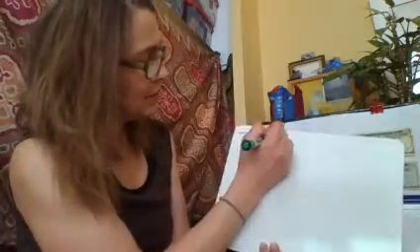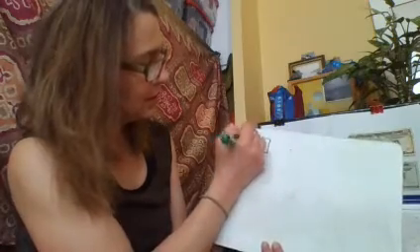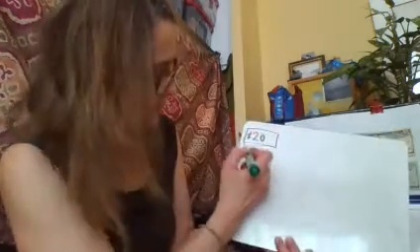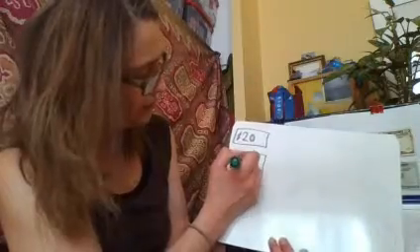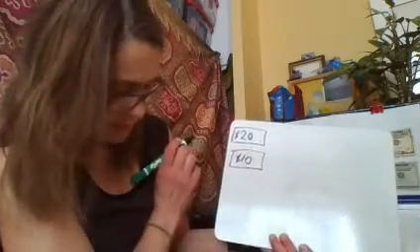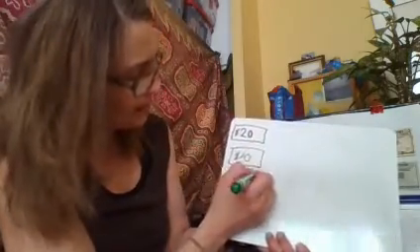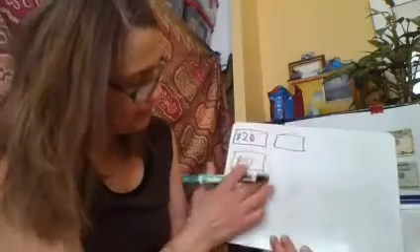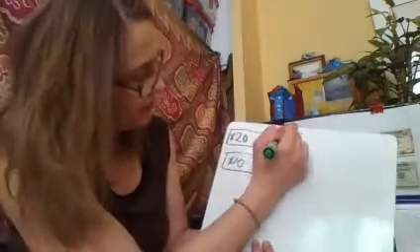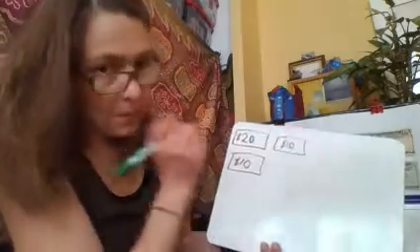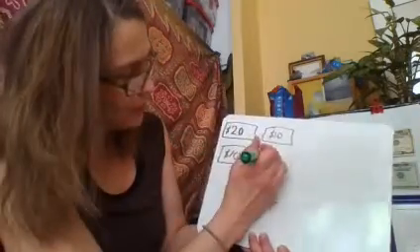So I'm going to draw a 20 and write the symbol, and then there is a 10, and then there is another 10 there. Don't forget the symbol, and then there are 2 5s.